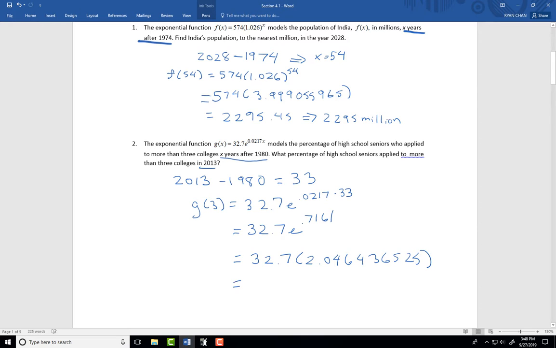So this is 66.92. That's my percentage for the following here. Whatever units, make sure you label. So you can say 66.92%, that's fine.